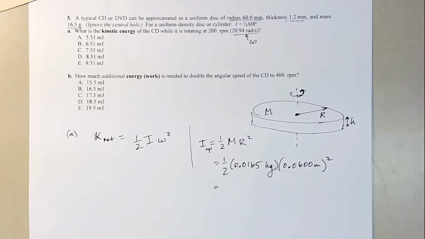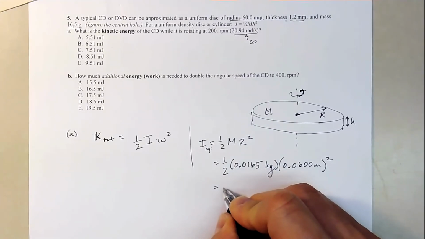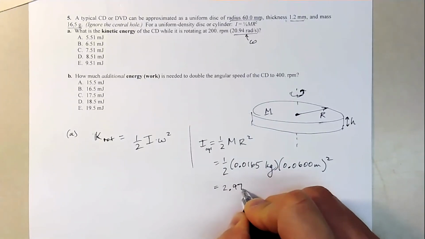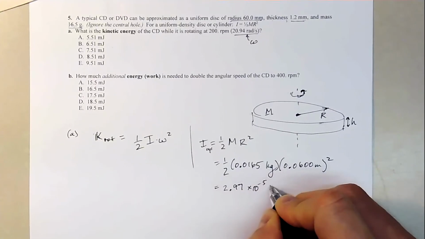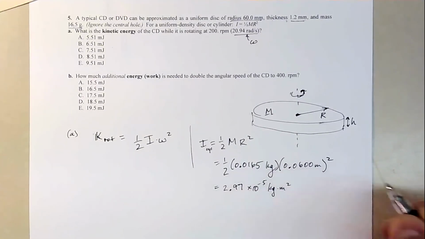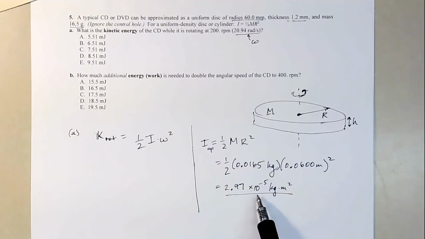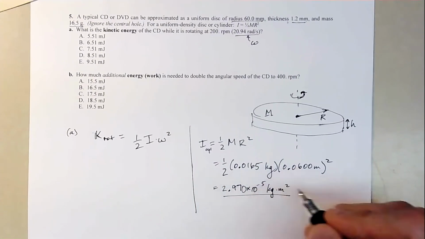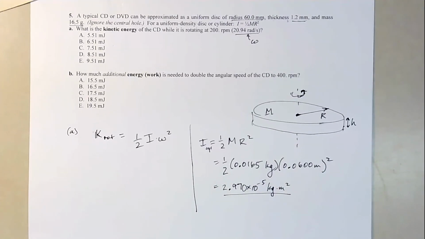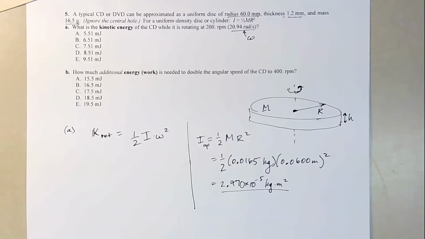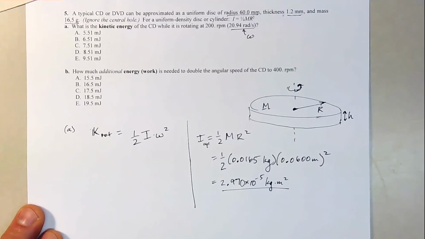Then I calculate what that is, and that's equal to about 2.97 times 10 to the negative 5 kilogram meter squared. Actually, my calculator tells me that value is exact, so it's 2.970000, etc. This is a 3 sig fig problem, but it's always good to carry extra significant figures.